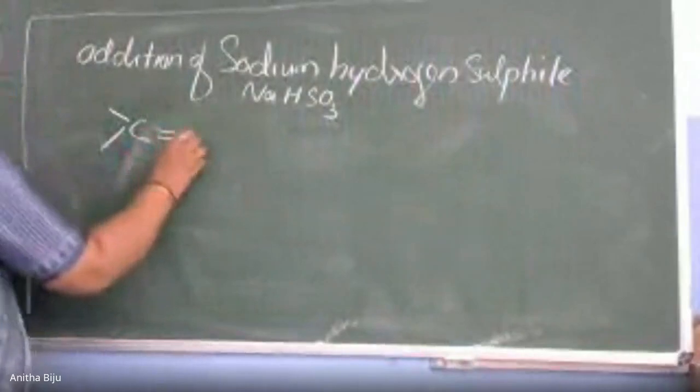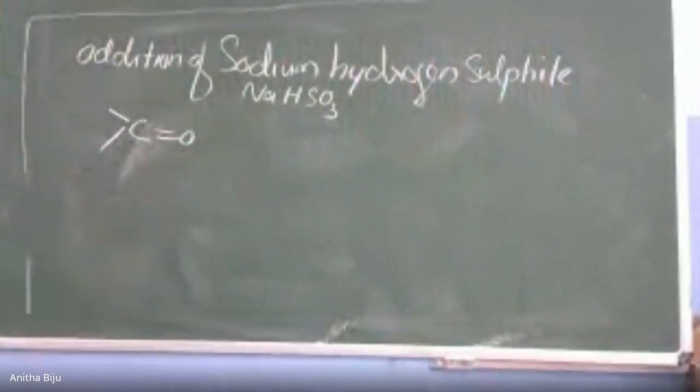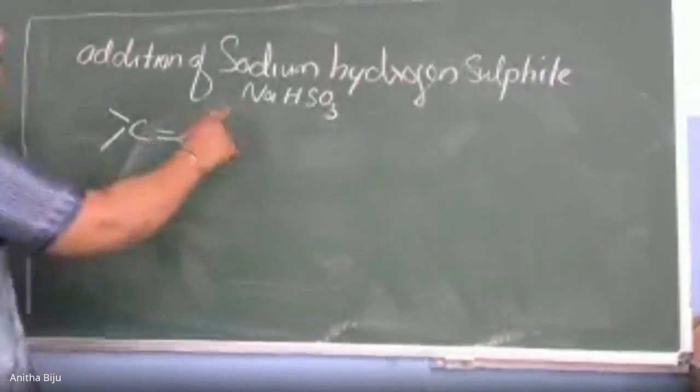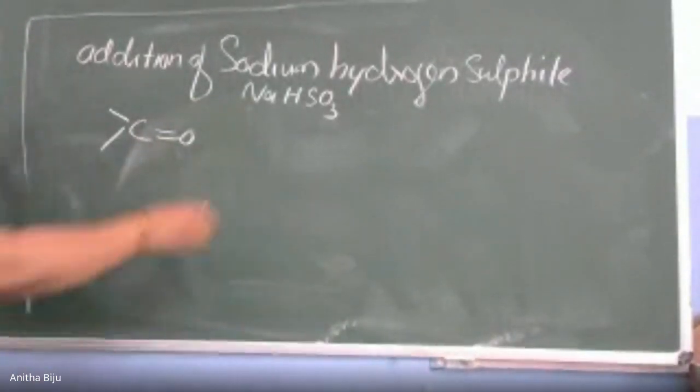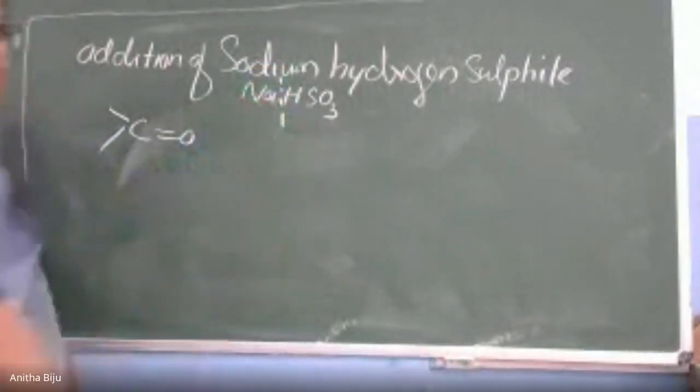C double bond O. Here also the same process takes place. Same process means first the reagent splits into two. Here you know that sodium is more electropositive, so the breaking takes place here.